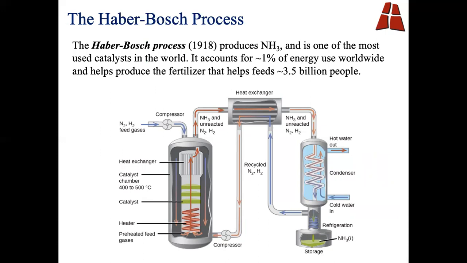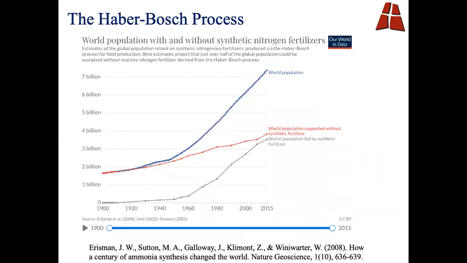What it does is ultimately produce ammonia that's used to produce fertilizer and ultimately feed about half the world's population. Not only that, but probably about half of the nitrogen atoms in your body originated from the Haber-Bosch process being used to fertilize something. So just to give you an idea of how important it is.